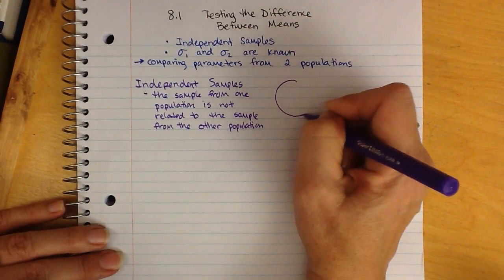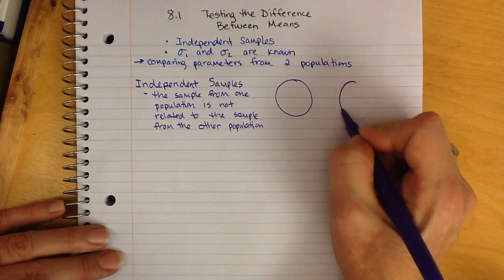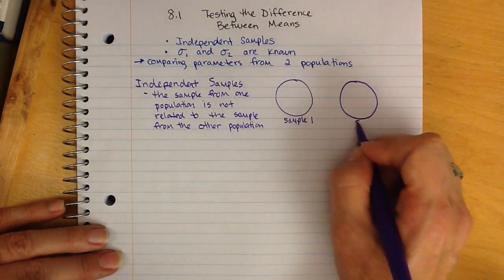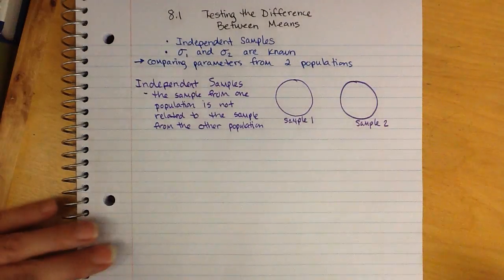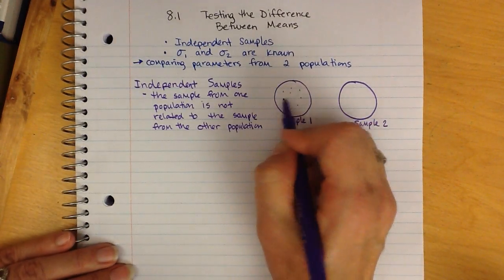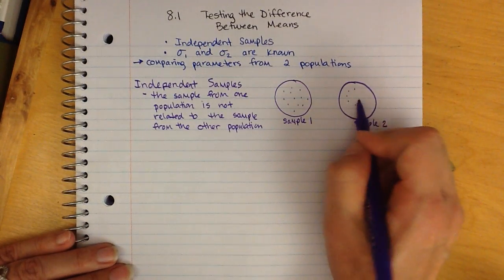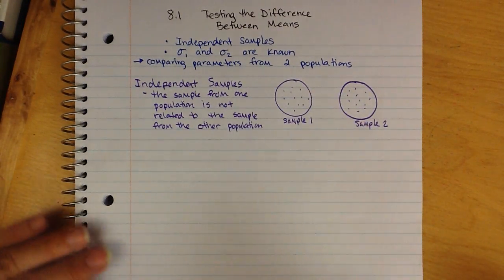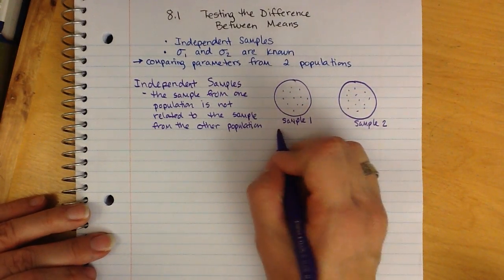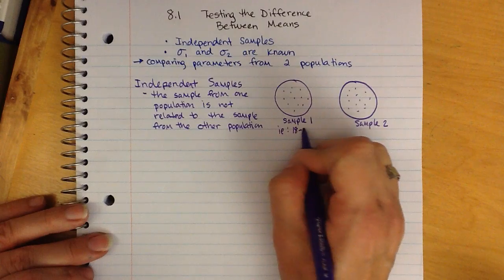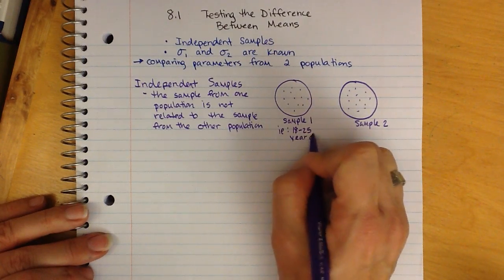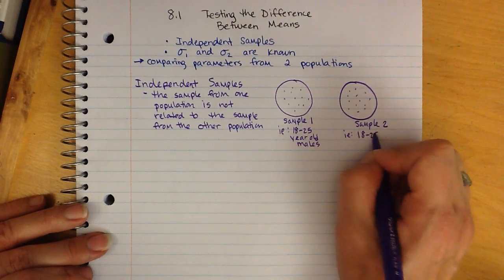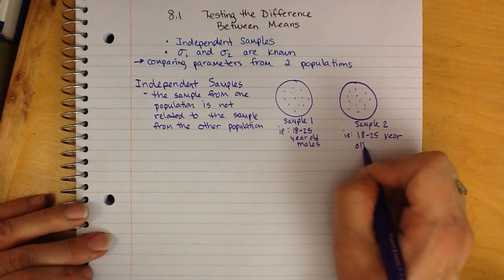So we have sample 1, sample 2. And in sample 1, we have all of our different data values in there. And sample 2, we have different data values in there. But there's no overlap between the two samples. So sample 1 might be 18 to 25-year-old males, and sample 2 might be 18 to 25-year-old females.